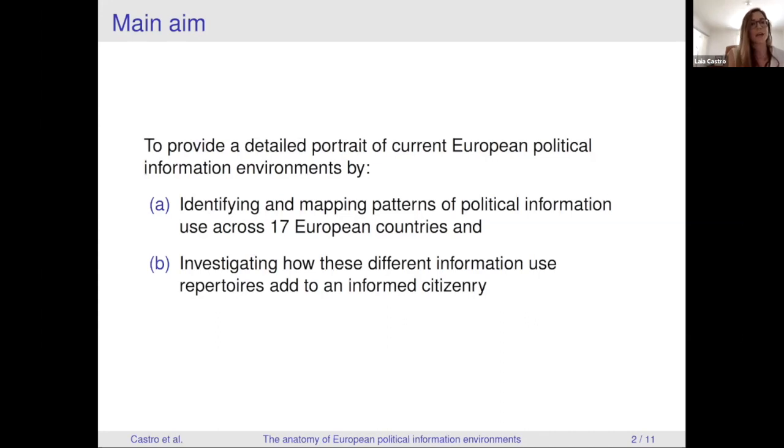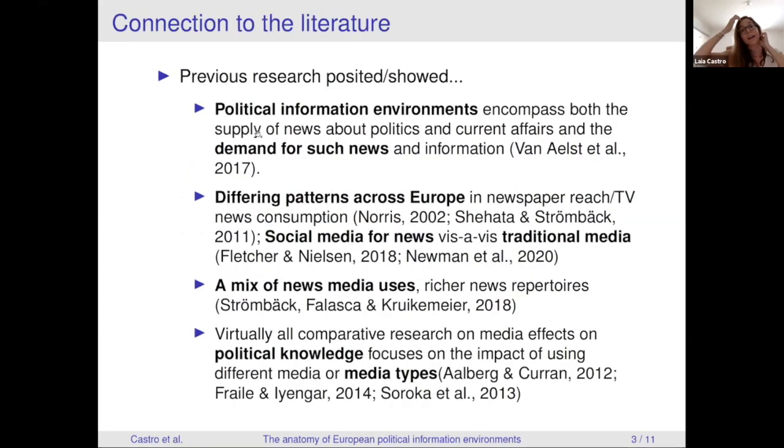and most conspicuously the effects of using different media on political knowledge. So with this aim in mind, we revisited several strands of literature, to start with literature led by some of the co-authors of this project, that posited that political information environments encompass both the supply of news about politics and current affairs, and also the demand for such news and information.